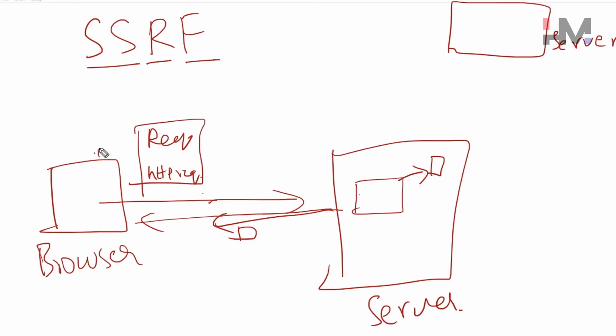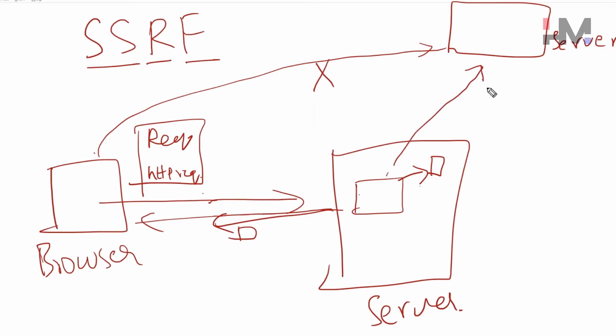So when we directly send a request to this server, it will not allow it. But when this server sends the request to this server, then it will reply to this server, and from this server we will get our reply back. So we are connecting to this server indirectly through this server. So this server is making the request, right?